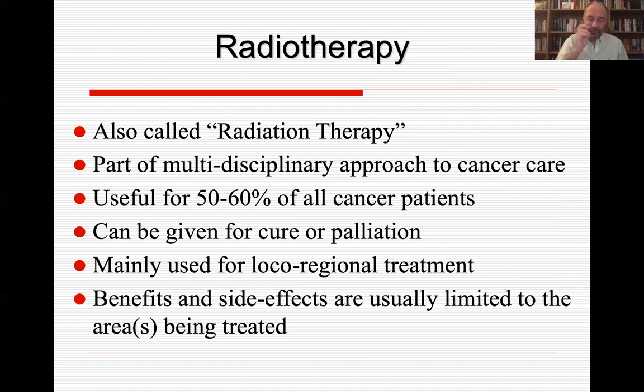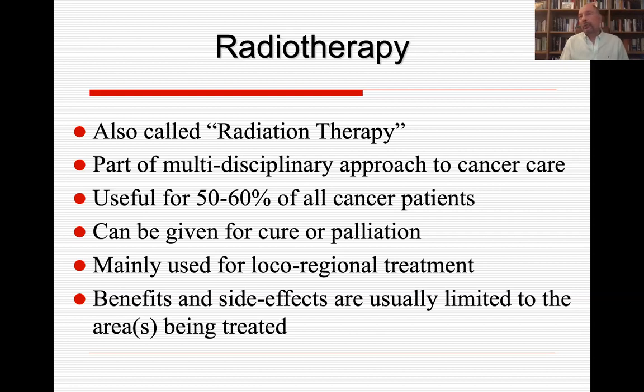radiation. Radiotherapy, also called radiation therapy, is part of a multidisciplinary approach to cancer care, which includes, of course, surgery and chemotherapy, or in general now drug therapy, including targeted drugs and immunotherapy.